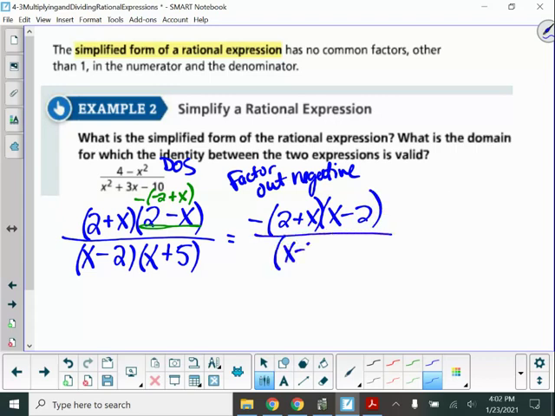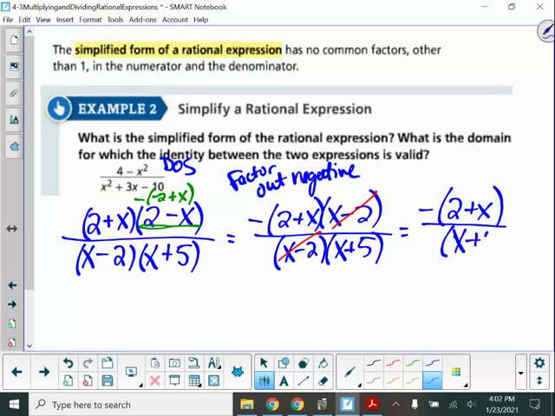Now we can go through and we have factors that we can cross out. So now we can cross out the x minus 2's, and we're left with negative 2 plus x all over x plus 5, or you can think of that as negative x minus 2 all over x plus 5.